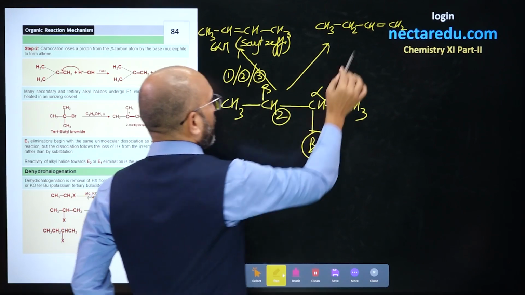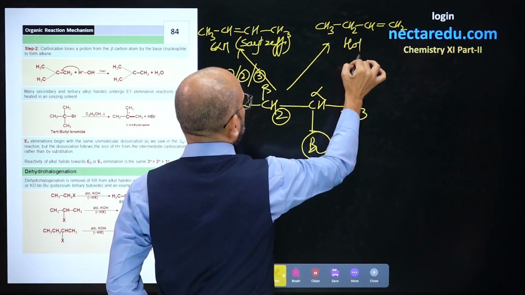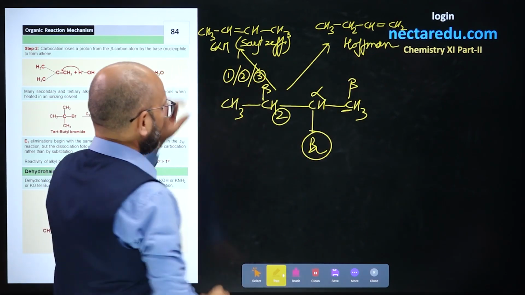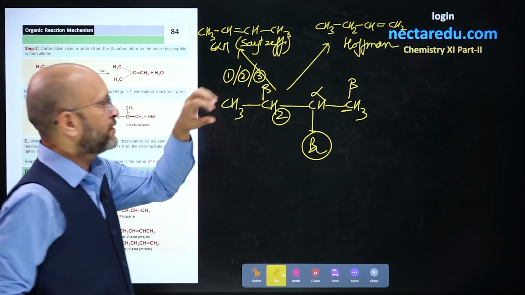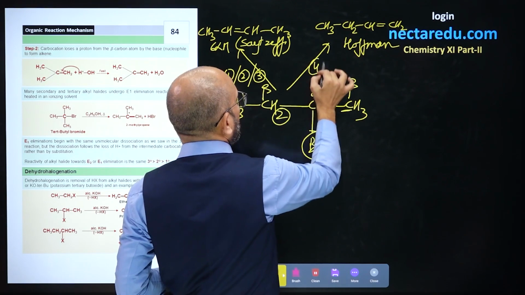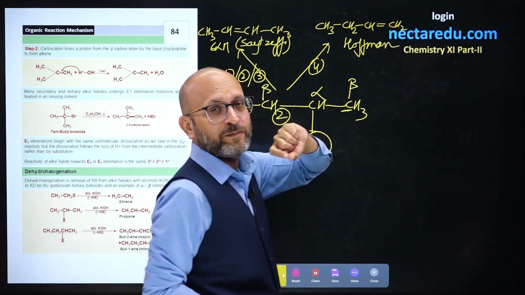The double bond comes to this side. So this is the Hofmann product. With reagents 1, 2 and 3, Saytzeff alkene is the major product, but with reagent 4, the bulky base tertiary butoxide, you will get Hofmann alkene as the major product.